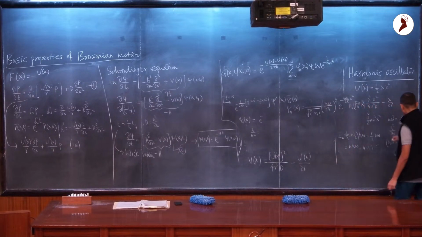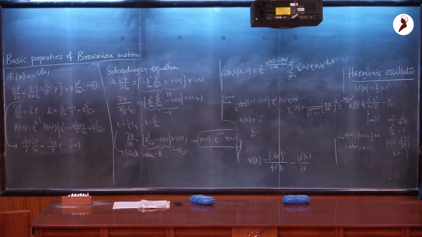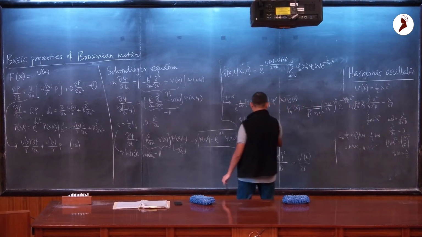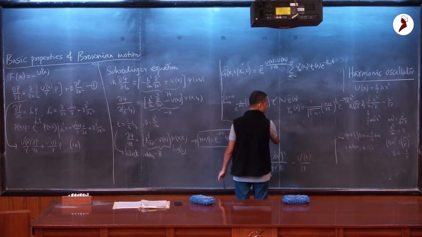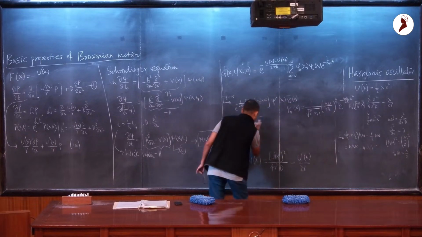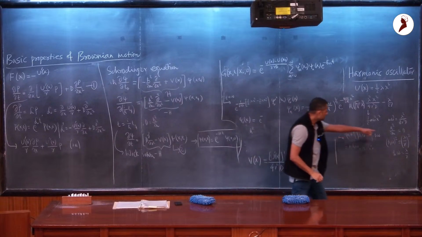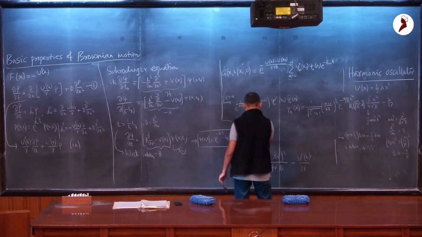We know this, so we need ħ by mω. If we take this and divide by this, let us see what we get. This is basically ħ² by 2m, so this gives me D on this side.